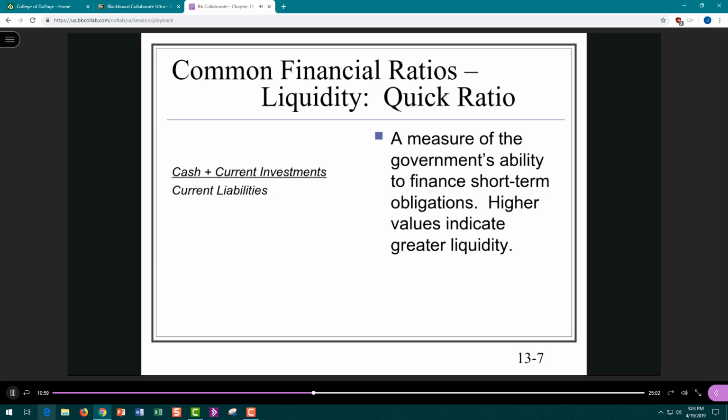So obviously this should be a number greater than 1. It reflects your ability to pay near-term bills. So here we have in the numerator two items from the position statement, and in the denominator you have one item that is pulled from the position statement.